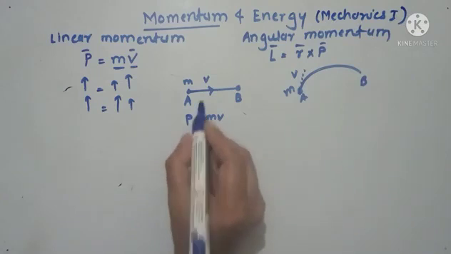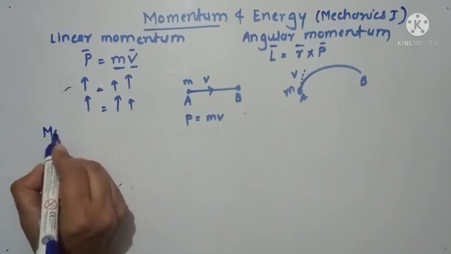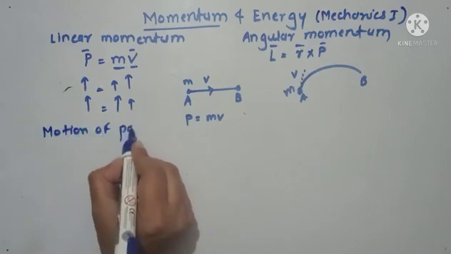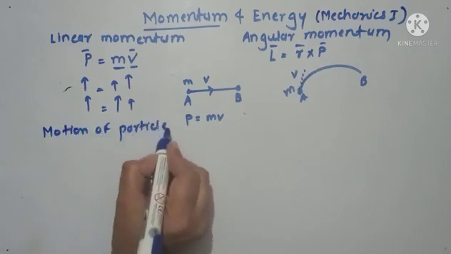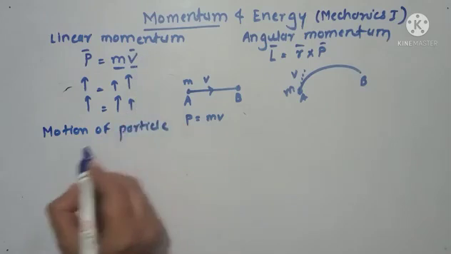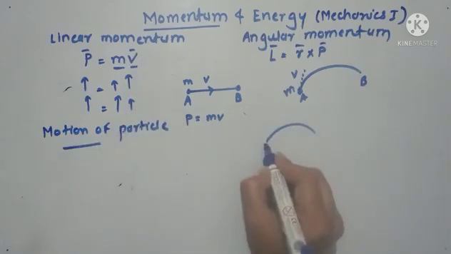Let us see the motion of the particle first. Motion of the particle is also of two types: first one is rectilinear motion and another one is trajectory motion.